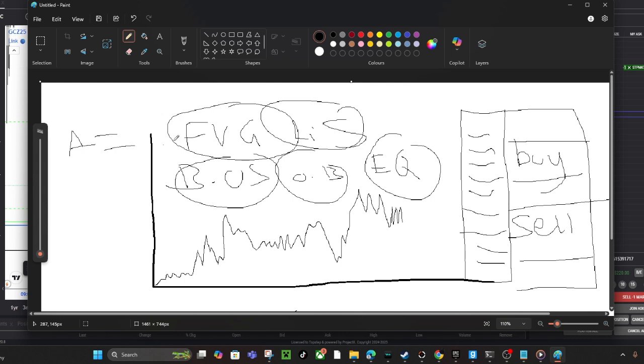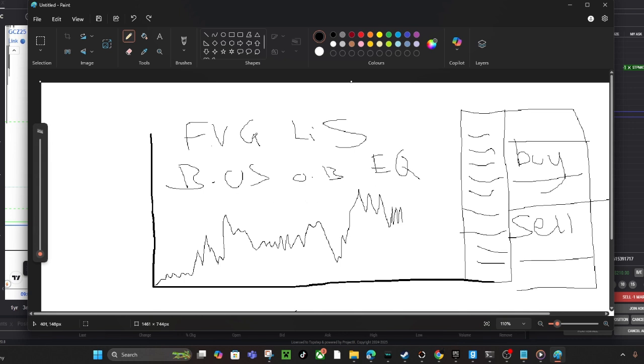So A could mean fair value gaps, B would be break of structure, C would be liquidity sweeps, and so on. These are the main things you really need to understand about what's going on. There are also time frames that you need to understand, which I'll go over. I've got a Discord that has everything, but today is just a rundown of how people can actually get into it and what the legitimacy of trading is.